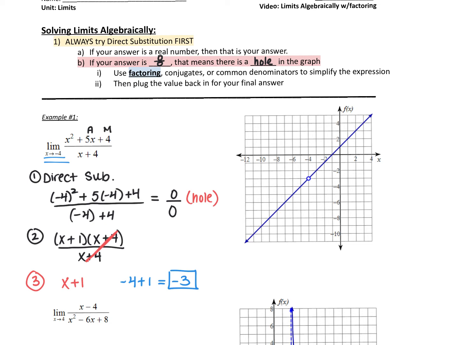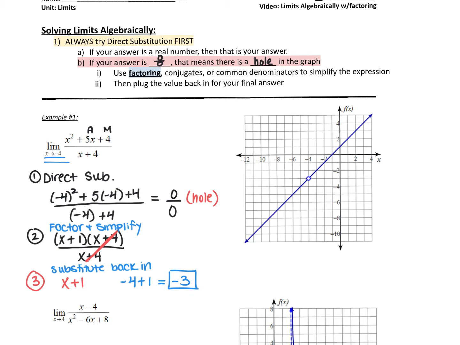Step 2 was to factor and simplify. And step 3 was to substitute back in. So we're substituting that -4 back into my reduced equation for a limit of -3.